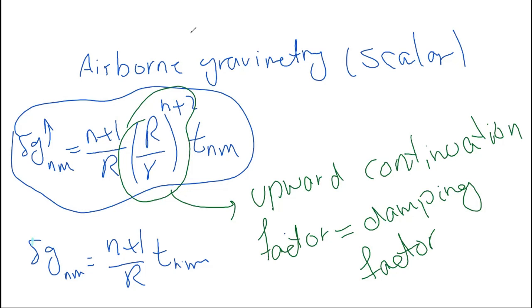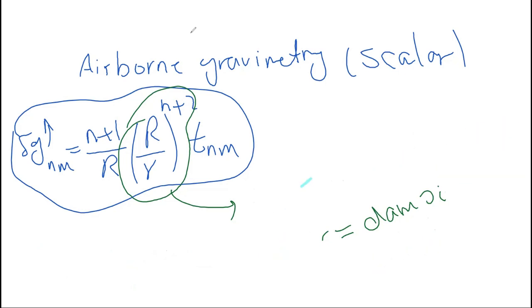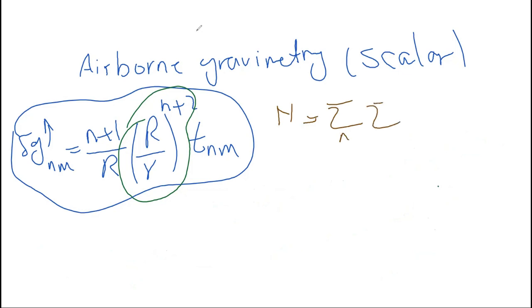Now I will insert this back. I want the geoid at the surface, not at the airborne level. And the formula for the geoid height was the summation over n, summation over m from minus n to n, of 1 over gamma, T_nm Y_nm(theta, lambda).